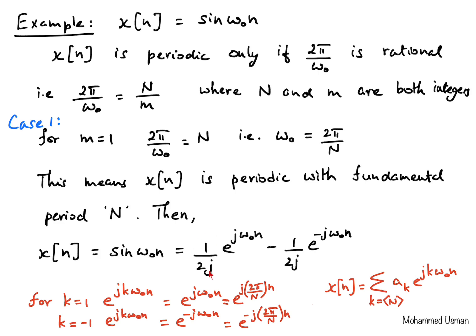That means 1 by 2j is a k for k equal to 1, that is a1, and minus 1 by 2j is a k for k equal to minus 1. So 1 by 2j is representing a1, and minus 1 by 2j is denoting a minus 1.